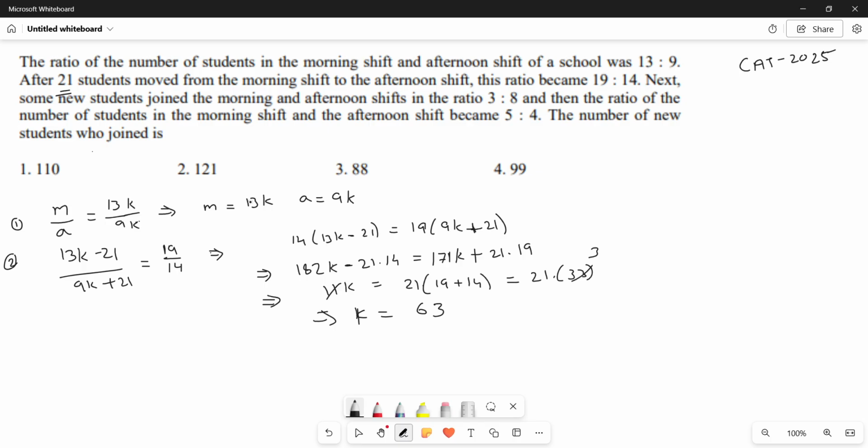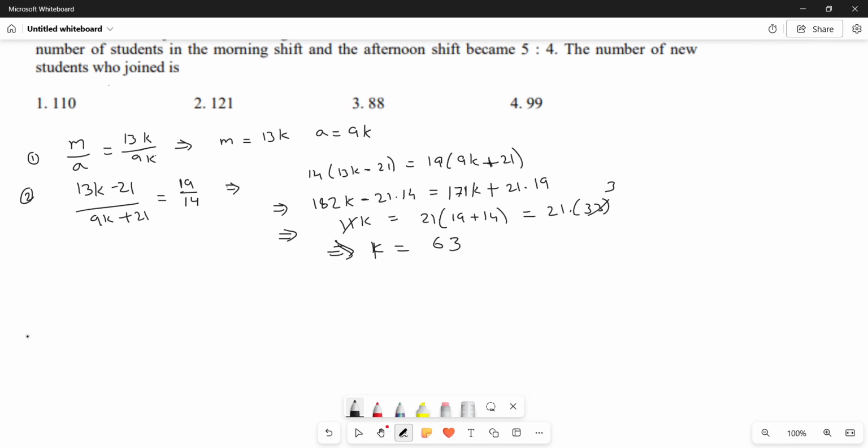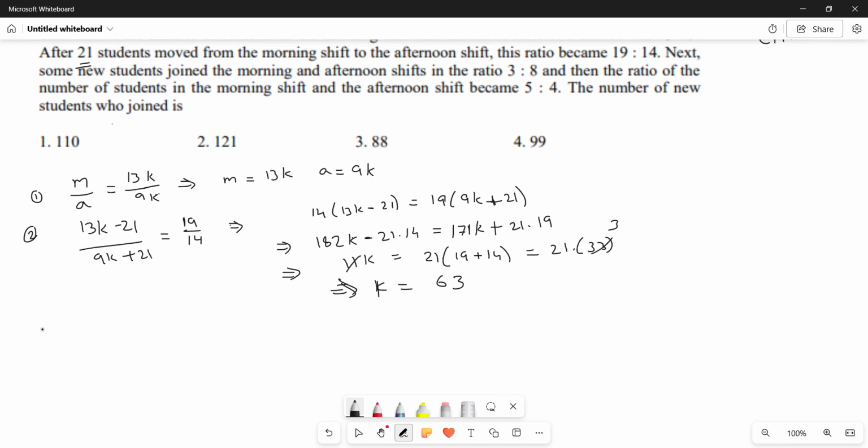We can simply substitute here and get it, but leave it as it is for now. What they are asking is that some more new students joined in the ratio of 3 is to 8. So let's assume the total number of new students as 11n.